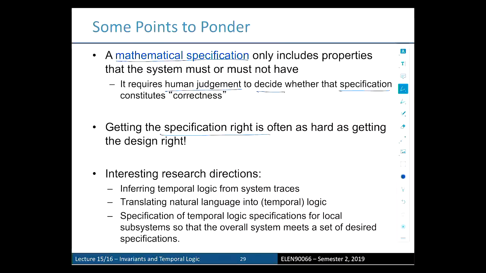There are active research directions. Sometimes we want to reverse engineer a particular requirement by observing the traces of the system. That's the question of reverse engineering. Automatic translation of natural language to temporal logic specifications is another area that people are thinking about.